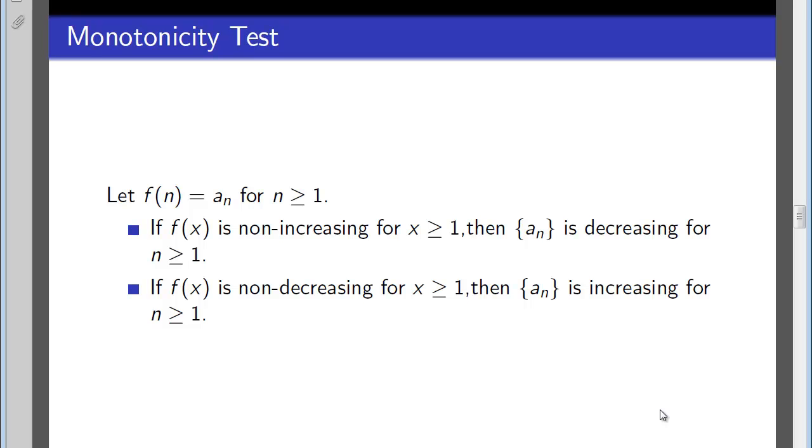In general, to find whether a sequence is increasing or decreasing for complicated expressions, we define a continuous and differentiable function f, and using the derivative of this function, we can say whether f is either increasing or decreasing. And depending on that, if f is increasing, then the sequence is increasing. If f is decreasing, then the sequence is decreasing.